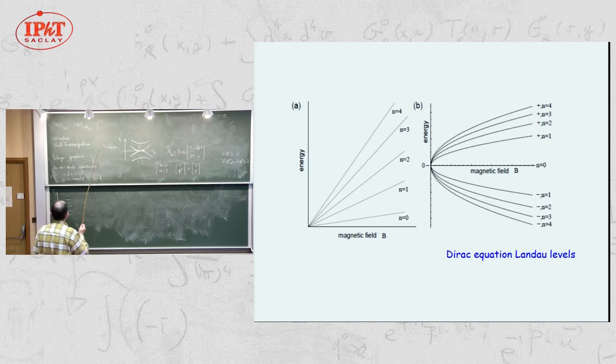Which means that if we guess that it's the exchange which is the main reason for the splitting between n equals 0 and n equals 1, we should find an ordering of levels which is like this, where the extra degeneracy is lifted by, then I will randomly decide that this is due to spin.